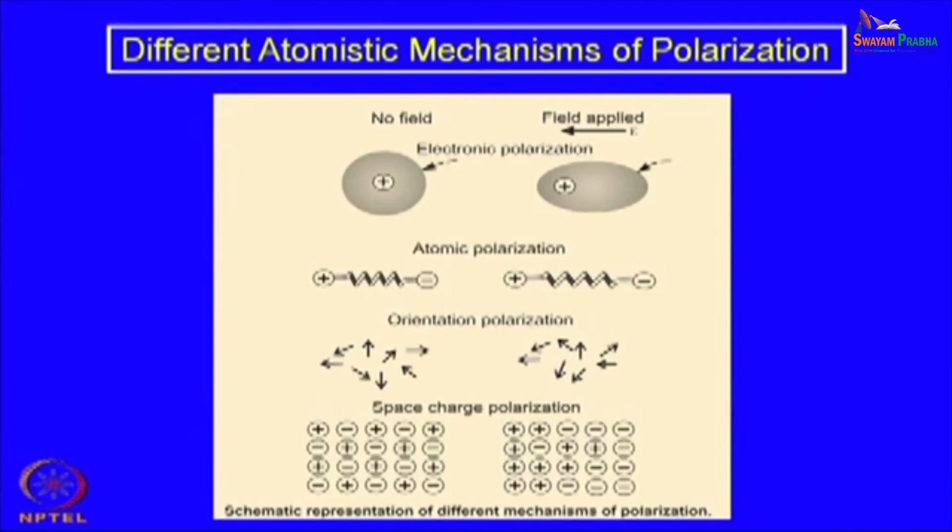So, these are interatomic spacings, which are shown here, and the spring represents some kind of bond or binding force between the two. So, if you are just considering this set of negative and positive ion, there is a polarization.